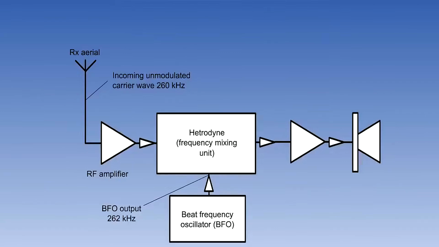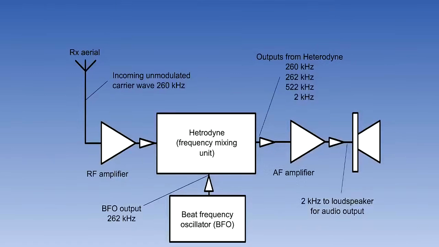Both signals are fed into a frequency mixing unit, a heterodyne unit. The output comprises 4 signals: the 2 original signals, the sum of the two, which is 522 kHz, and the difference between the two, the beat frequency, which is 2 kHz. It is this 2 kHz signal frequency that is required because it is in the audible range, and so the Morse identifier can be heard.